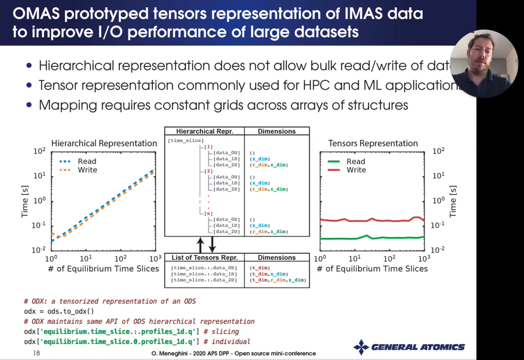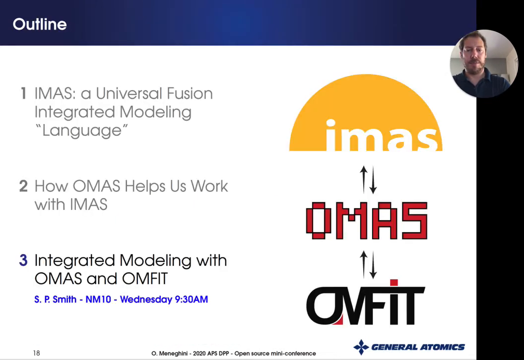Instead, if you map the same data to a tensor representation, where you have squashed these arrays of structures and added just one dimension to your data sets, you can then read and write this data in bulk, and now the time to write this data effectively doesn't depend on the size of that dimension. And in OMAS, this is done quite elegantly with this ODX data format that can translate between the ODS hierarchical representation and this tensorized representation.